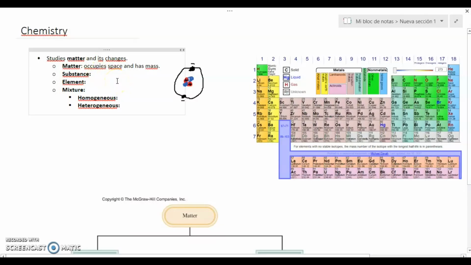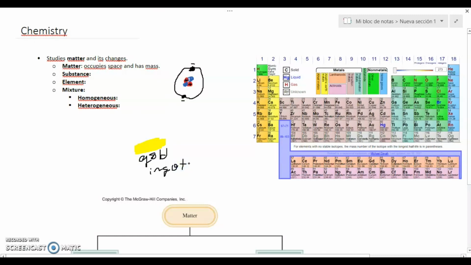Then there are some keywords that we need to understand when we talk about chemistry. One of them is substance. So a substance is a form of matter that has uniform properties. For example, if you have a gold ingot, it has a uniform set of properties.